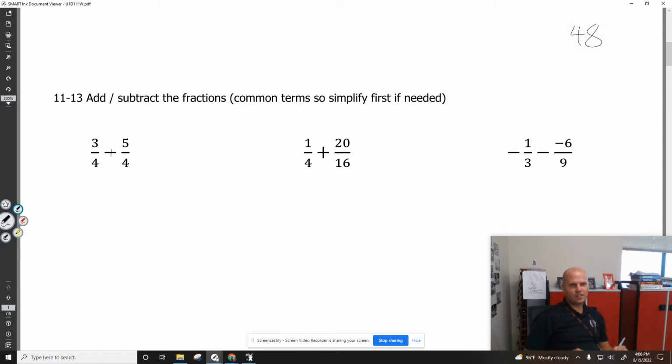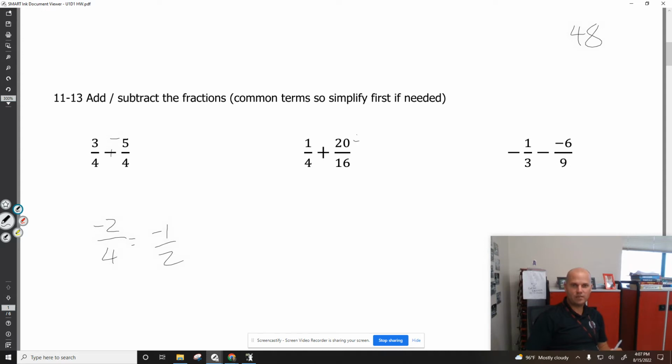Adding fractions. Think about pizza pies. 3/4 of a pizza. But I have negative 5/4 of a pizza. I'll end up with negative 2/4 of a pizza, or you owe somebody half of a pizza. If you have unlike terms, see if you can make them the same type of slice. Oh, a 16th?